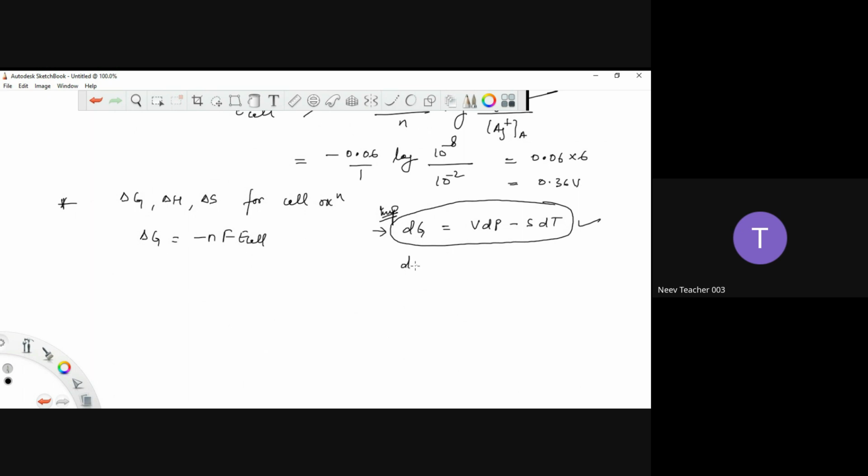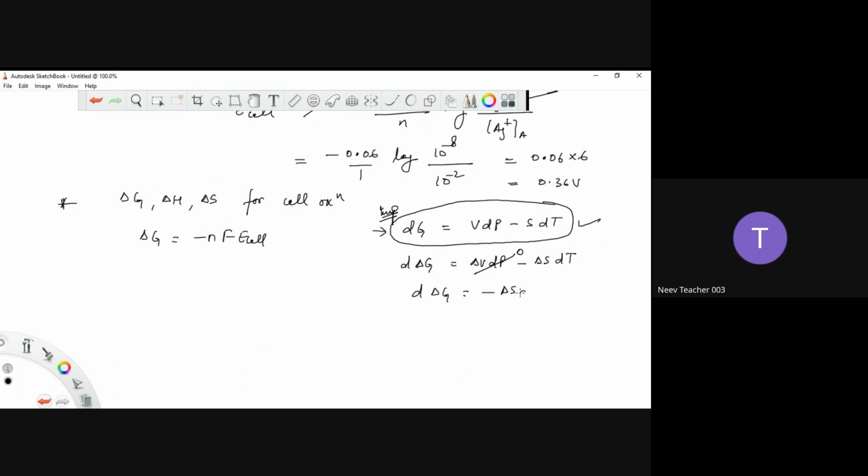For any reaction, if I write, it will become d del G equal to del V dP minus del S dT. Correct. Now, if I take constant pressure, dP will be 0. So from here, d del G will be what?